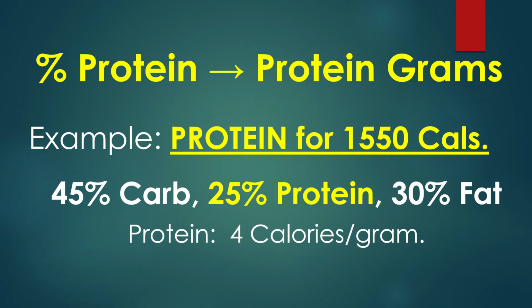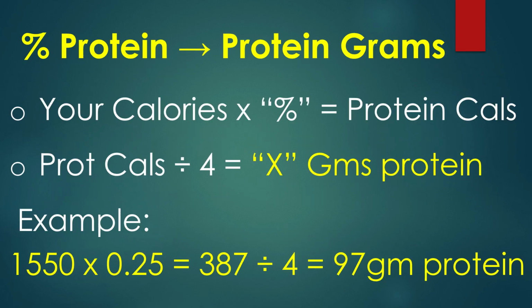For protein, I decided to use 25% protein in this example. To put this protein information into grams, you take your calories and multiply it by the percentage of protein that you selected for your distribution of nutrients, and then divide that by 4, because just like carbohydrate, protein has 4 calories per gram.